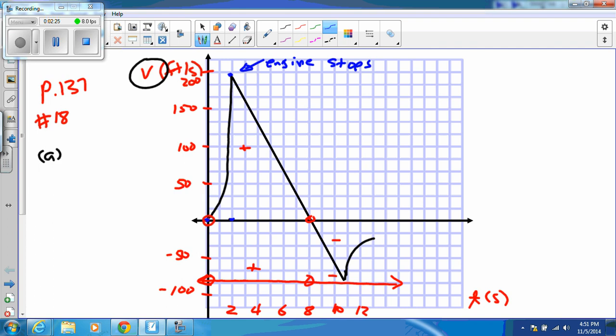Now, after the engine stops, the object begins to experience what we call free fall. That is, only gravity is pulling on it. But please notice that the velocity is still positive for this entire portion right here. And then it goes negative.